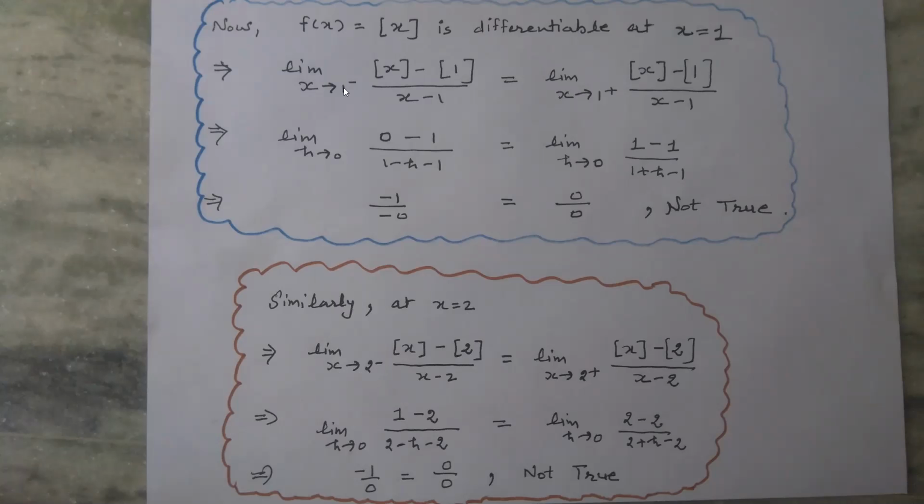So we can say that f of x is not differentiable at x equal to 1 because the left-handed derivative is not equal to the right-handed derivative. Similarly, f of x is not differentiable at x equal to 2 because the left-handed derivative at x equal to 2 is not equal to the right-handed derivative at x equal to 2.